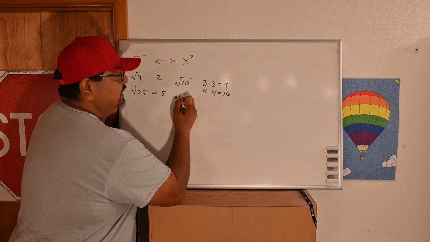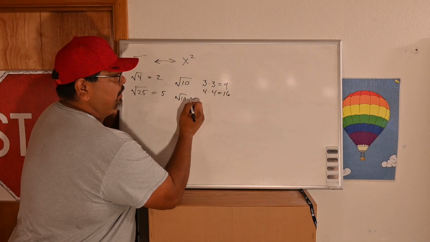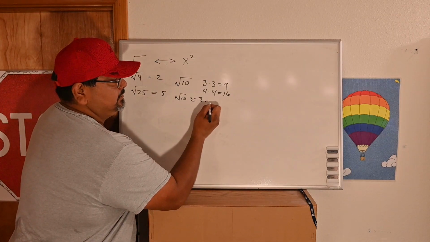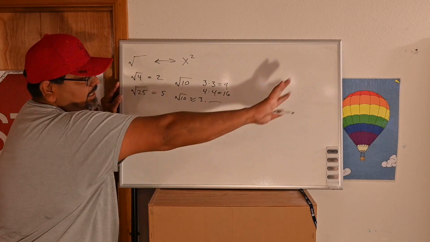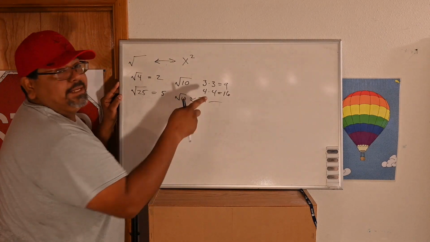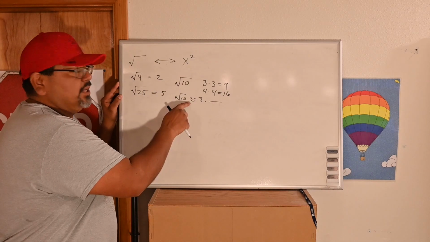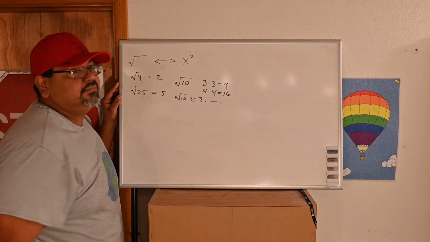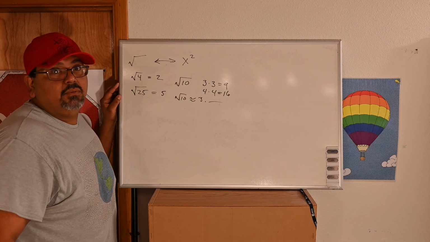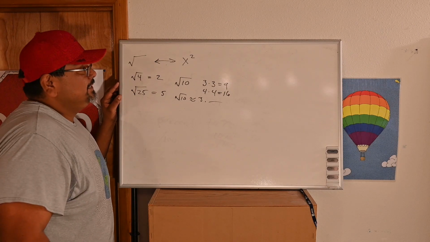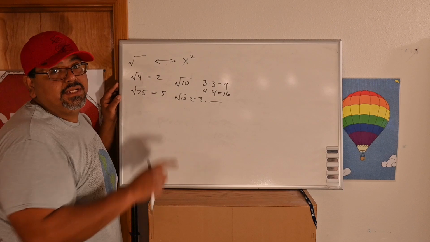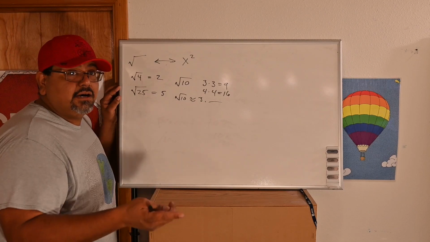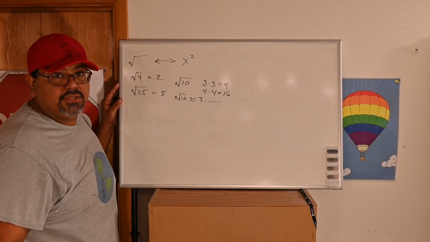So the square root of 10 is going to be approximately, there's that little squiggly line, 3 point something. We don't know what those last numbers are, but 3 point blah, blah, blah. That's the approximate number. The exact number is going to be some long decimal number that we're not going to necessarily write out. So that's what square root is. We're looking for some number that multiplied by itself will get you that number down there.